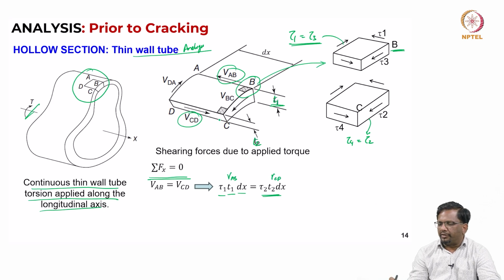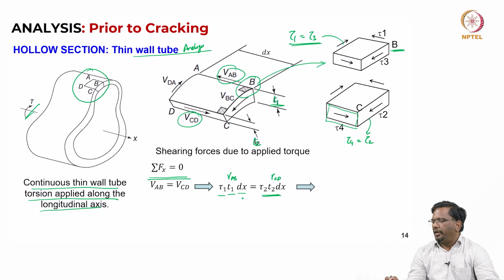Similarly, at the small element at C, it is tau 2 into T2 into dx, because this is the plane we are looking at. The thickness is T2, and the shear stress tau 4 is equal to tau 2, so I put tau 2 here. Tau 2 into T2 into dx is the same. So dx will get cancelled, and you can write that tau 1 into T1 is equal to tau 2 into T2.